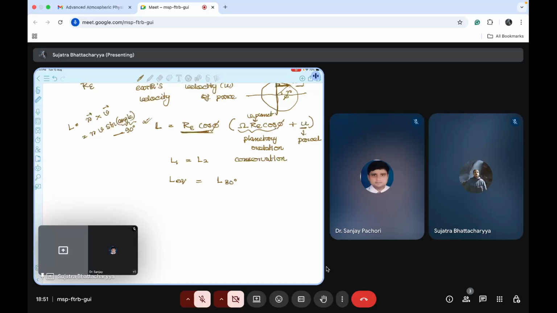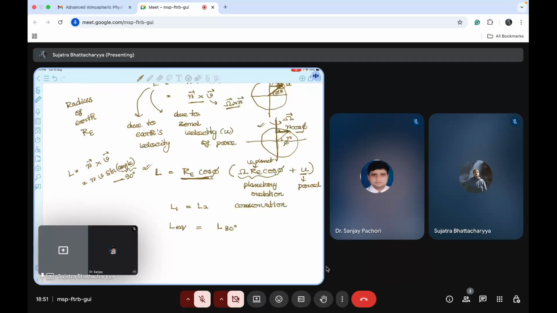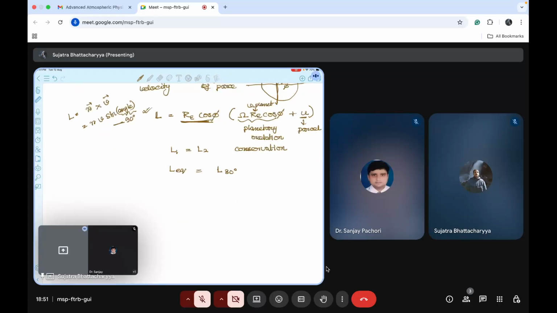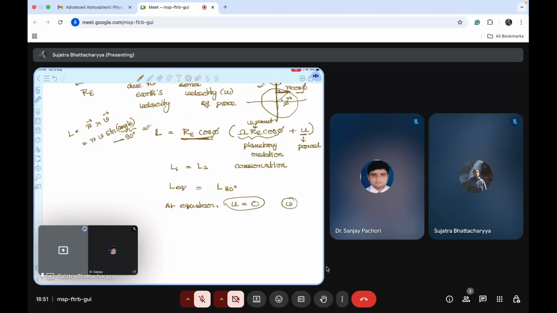At equator, there is only a meridional velocity, right? Because the parcel is moving northward. So at equator, according to the question, u is 0. The zonal velocity is 0. That is, x direction velocity is 0. V has some meridional velocity, y velocity is there. Okay, but u is 0. So we need u only.